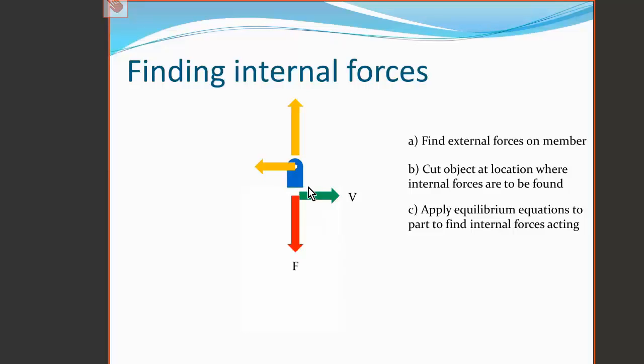And if we look at the cut section here, we see that the internal forces are creating a force that is both parallel to the cut cross-sectional area and normal to it. The normal force is shown in red, and the force parallel to the cut surface is shown in green. This green force is known as a shear force, and the red force is known as a tensile force.